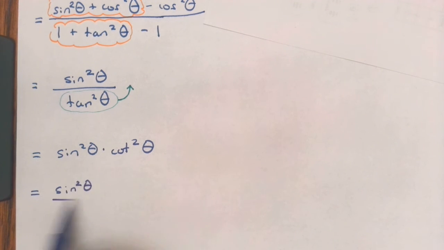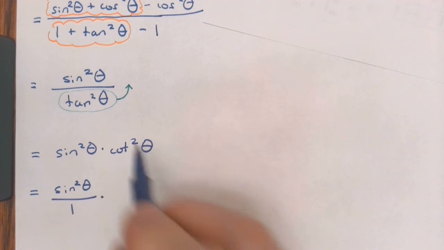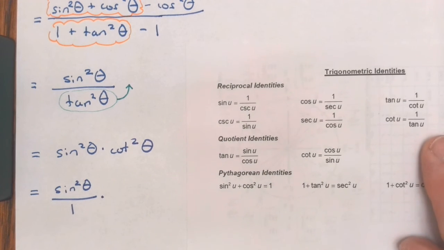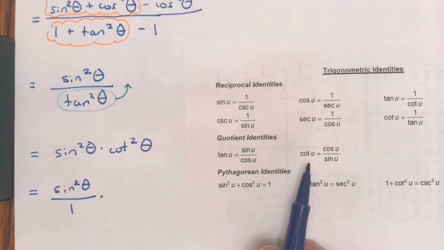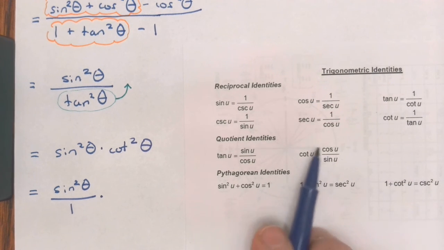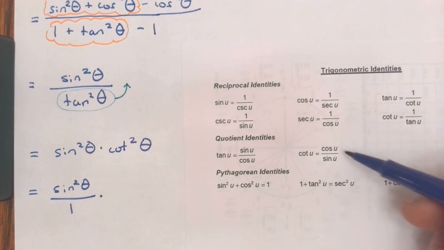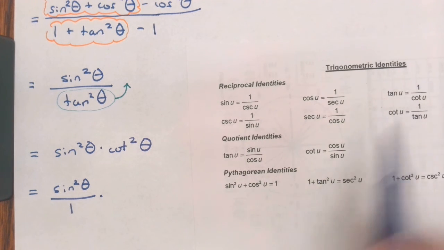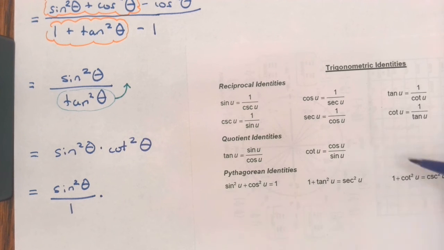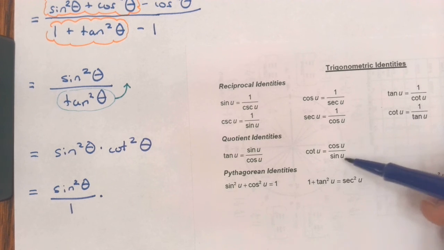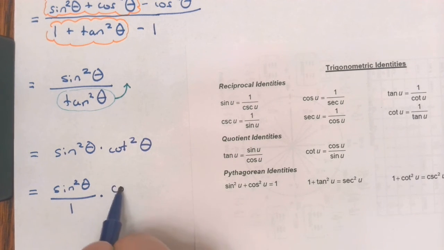The sine squared of our angle is already just with sines, so we don't need to change that one. But the cotangent squared, I want to use one of our quotient identities here. The quotient identity we're going to use is for cotangent. The cotangent of our angle is cosine divided by sine, so the cotangent squared of our angle would be the cosine squared of our angle divided by the sine squared of our angle.